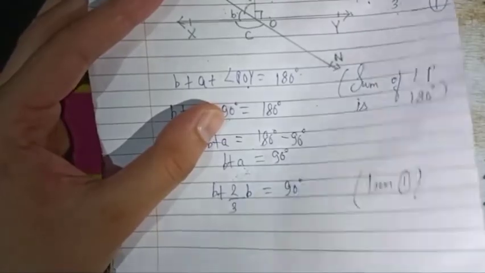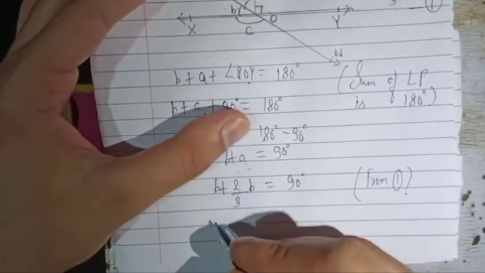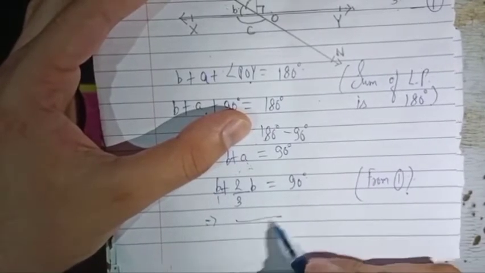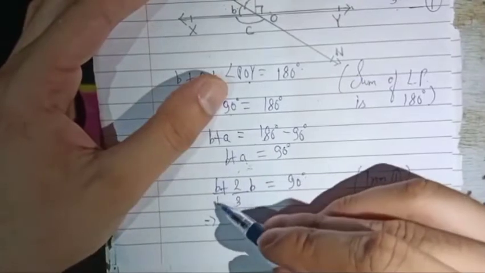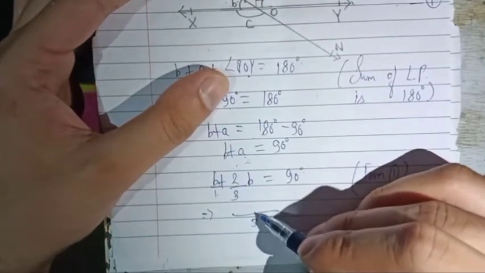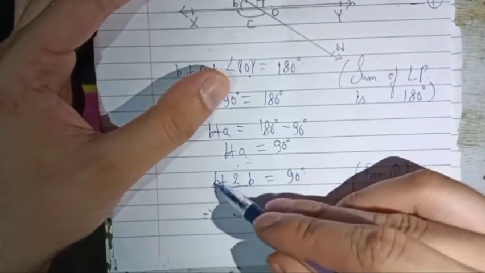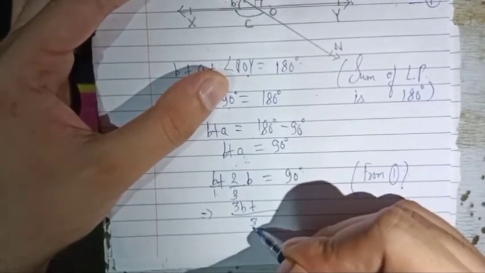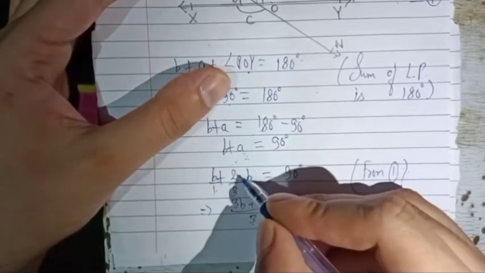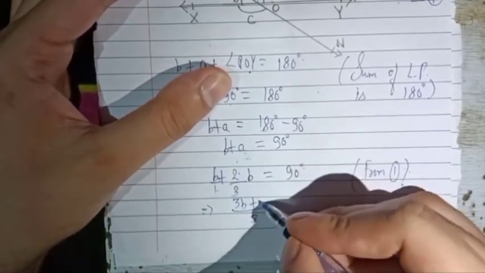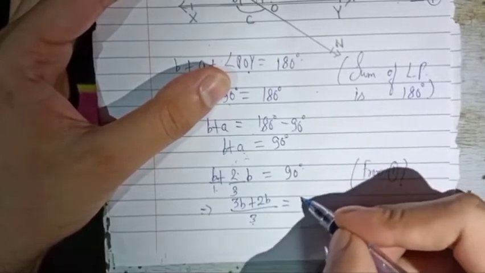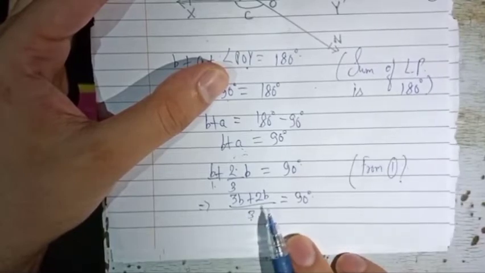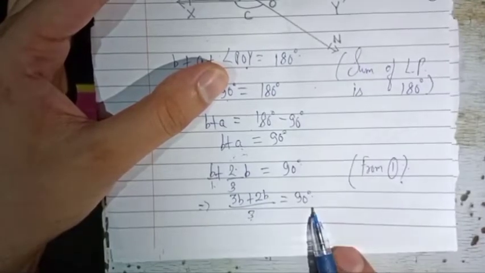Now we will take the LCM. The denominator of B is 1, so the LCM will be 3. 1 will divide 3 three times, so 3B, plus 3 will divide 3 one time only, so it remains 2B. So 3B plus 2B whole divided by 3 is equal to 90 degrees.